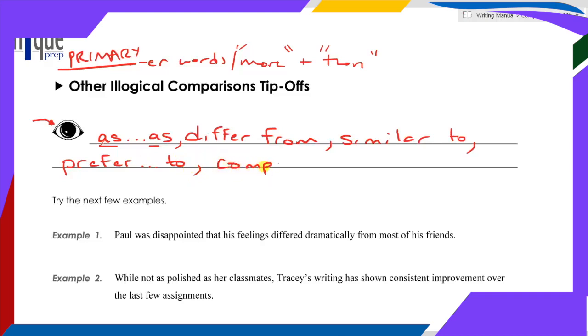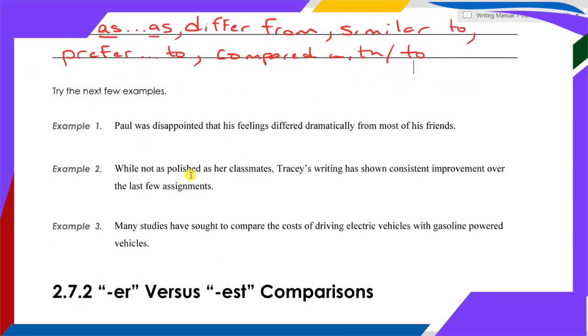And then compared with or to, that would also indicate a comparison is being tested. So again, there are many words and phrases that might indicate a comparison issue should be examined or investigated. The ER words or more followed by than, that's your primary, and then you've got all of these other ones that you need to look out for as well.